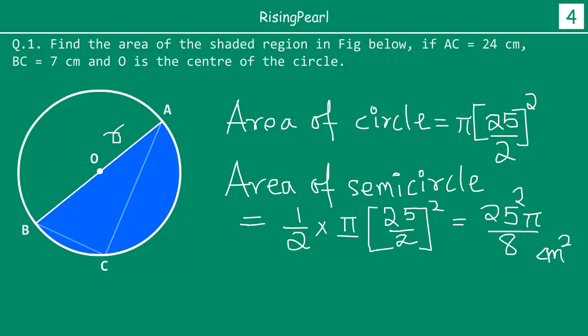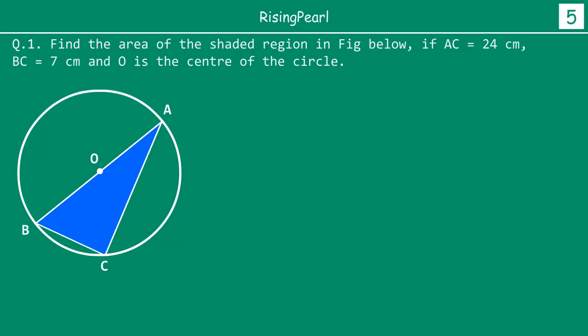Now let's go ahead and find out what we can tell about the area of the triangle. Now area of the triangle, because an angle inside a semicircle is 90 degrees, we notice that this length is 24 and this length is 7. Because this is perpendicular to BC, this is actually the height or the altitude, and BC is the base.